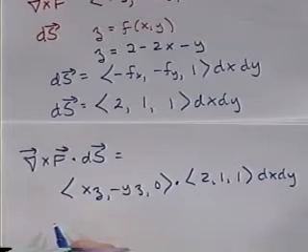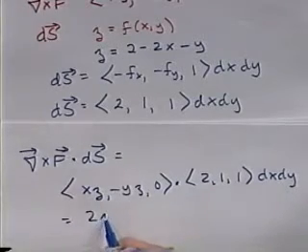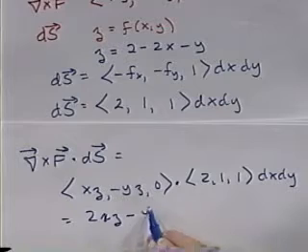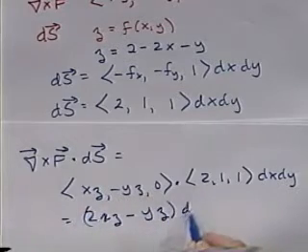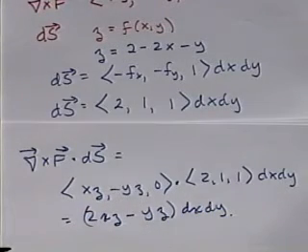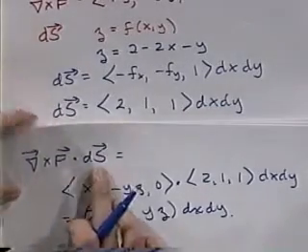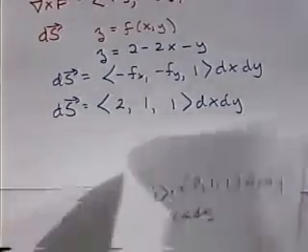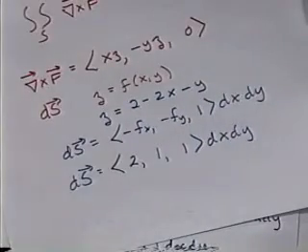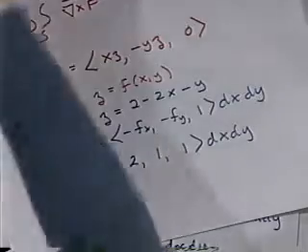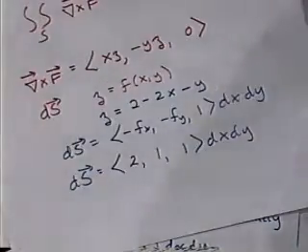Which is going to give me, let's see, 2xz minus yz dx dy. So now we have what del cross F dS is, but we're integrating over, let me bring my picture back if I can find it. Oh good, here it is.